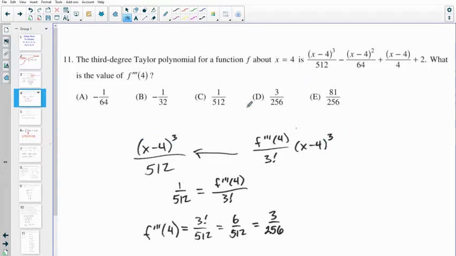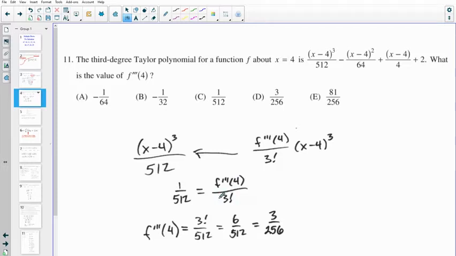And that corresponds with this term from the Taylor series that we're looking at, the one that is to the third power. And so if I recognize that, the x minus 4 to the third power is the same for both of them, which means what's left, 1 over 512, must be equal to the third derivative over 3 factorial. And then solving for the third derivative is just an algebraic manipulation.